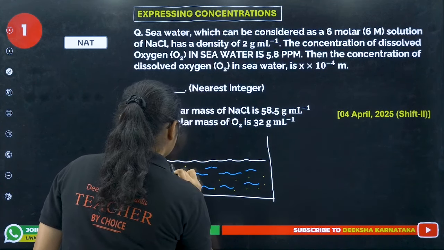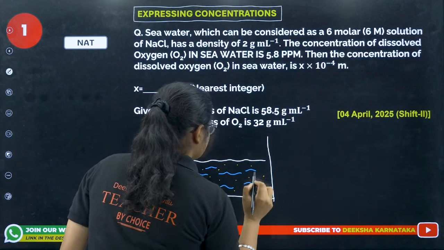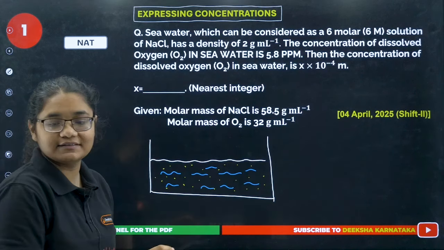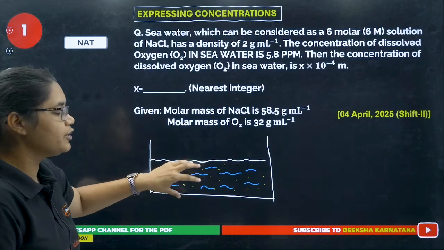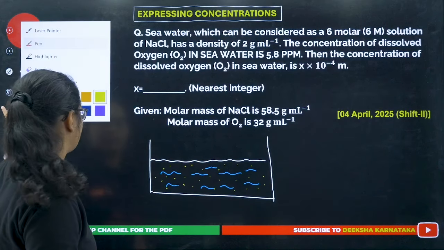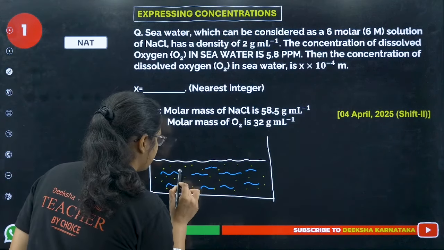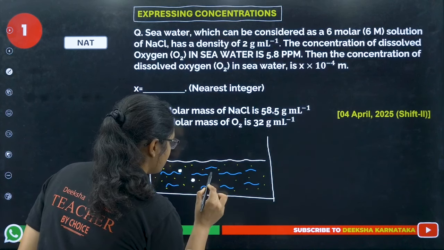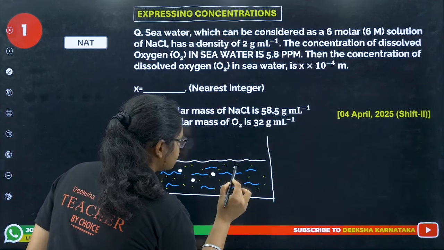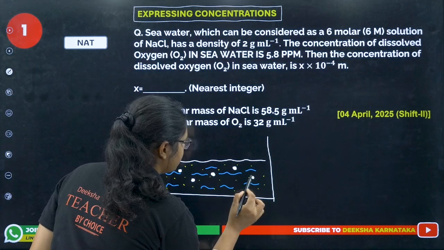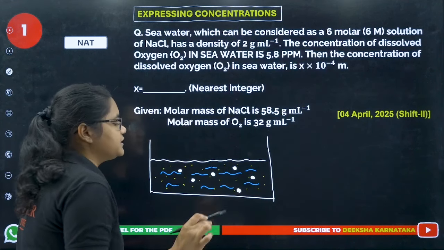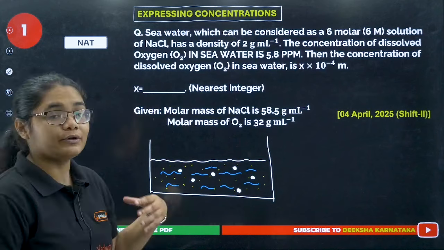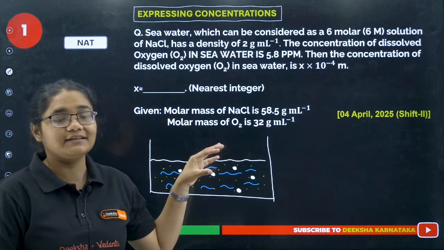The concentration of NaCl in sea water is 6 molar. And we also have dissolved oxygen in this. I will denote oxygen with white balls. So we also have dissolved oxygen in this, and the oxygen concentration is given to me in the form of ppm. Now the question being asked is, what is the molality of this oxygen in the sea water?